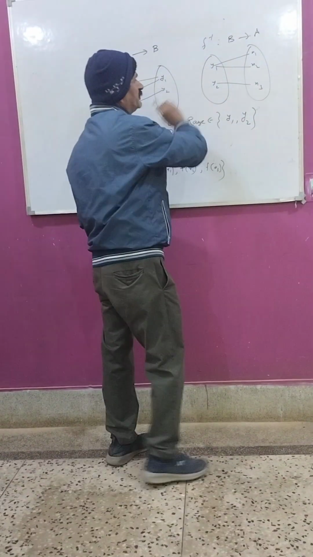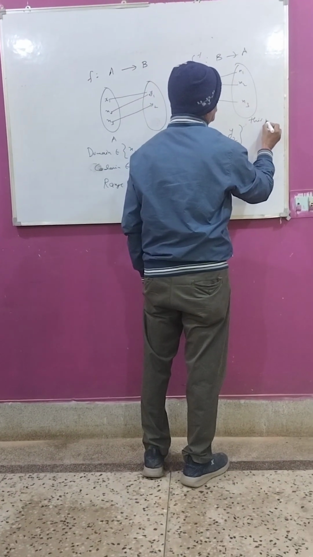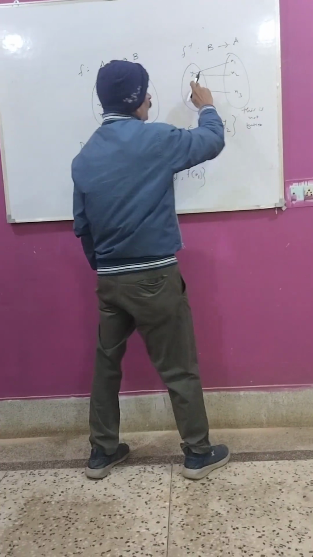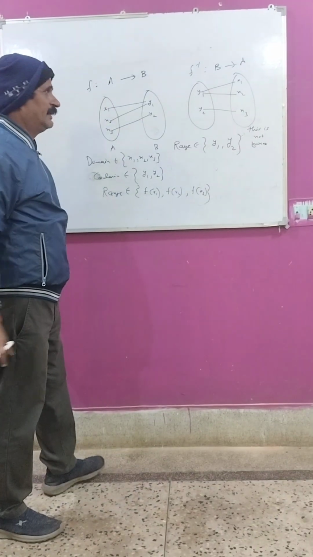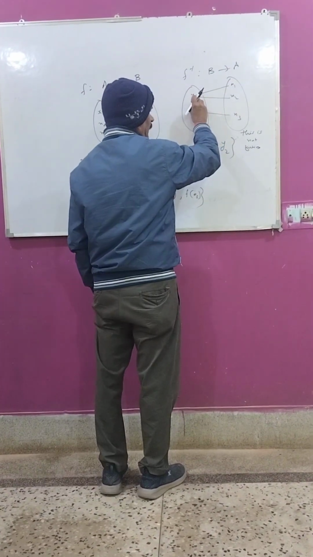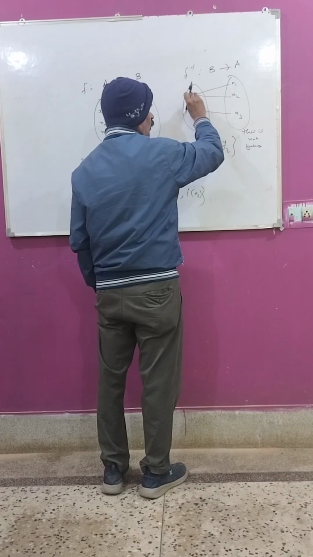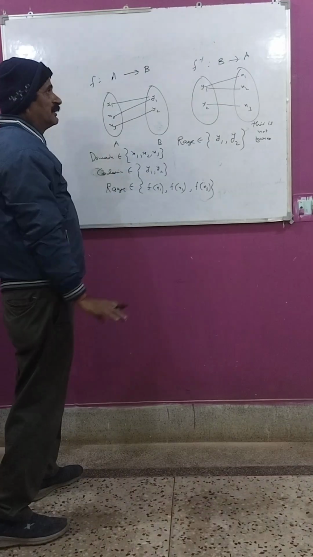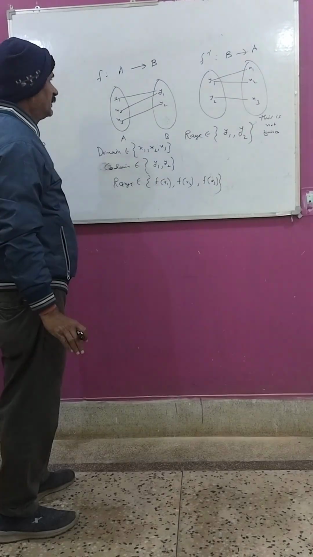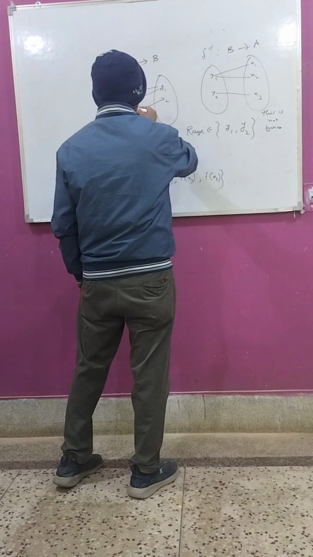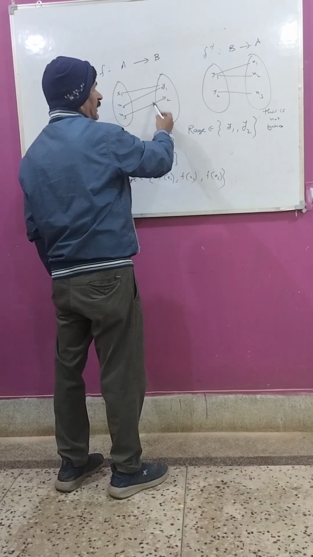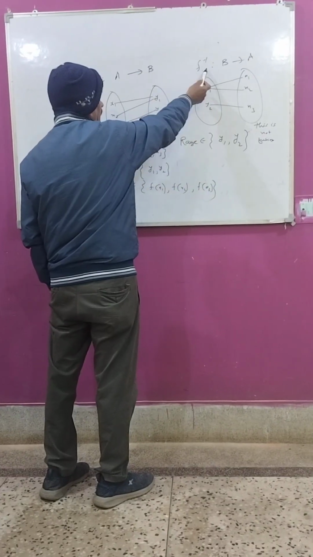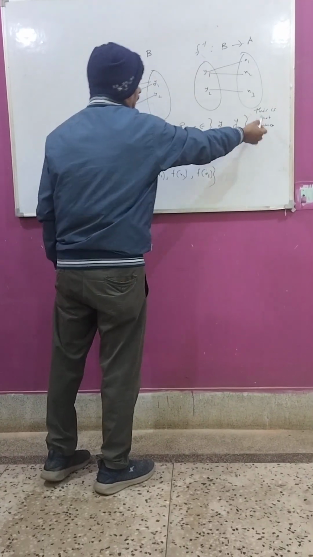So this mapping shows that this is not a function, because a single pre-image will not have two images. So this is not a function. So for f inverse, the function does not exist.